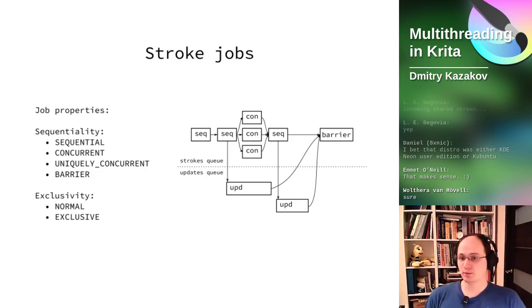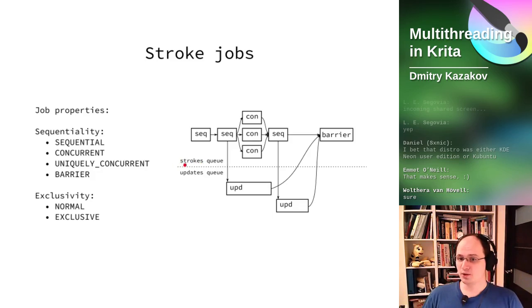Concurrent jobs can run concurrently on all CPUs we have. So, for example, we have two sequential jobs that wait for each other. We have three concurrent jobs which can run concurrently, and the next sequential job will wait until all concurrent jobs have completed.